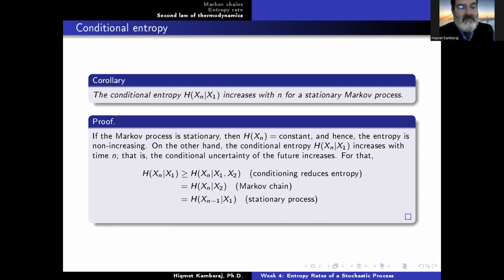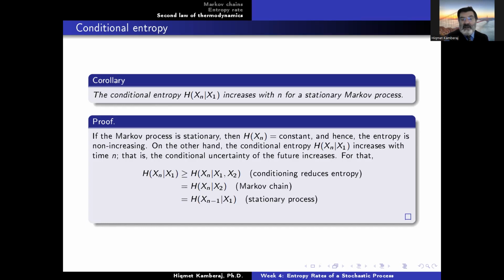Now, as a corollary, the conditional entropy of Xn given X1 increases with n for a stationary Markov process. To prove this one, if the Markov process is stationary, this means the entropy of Xn is constant, and so the entropy is non-increasing. On the other hand, the conditional entropy h of Xn given X1 increases with n.